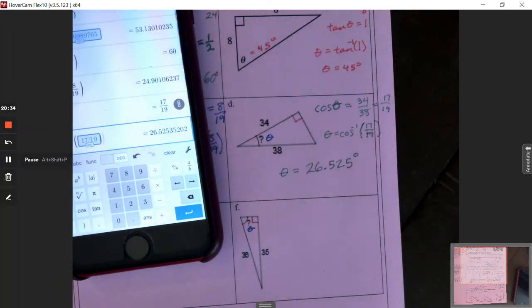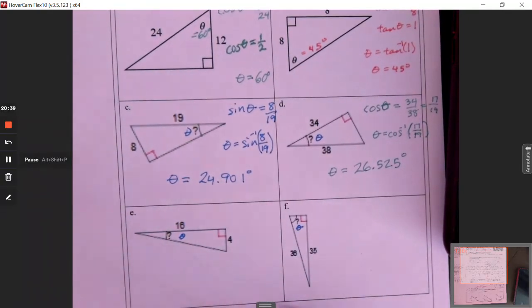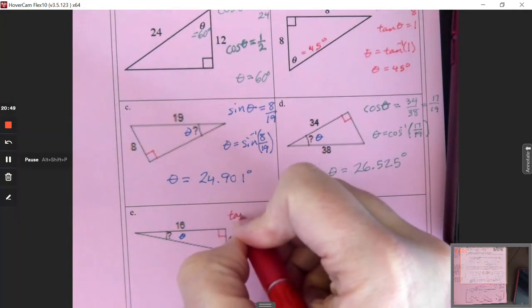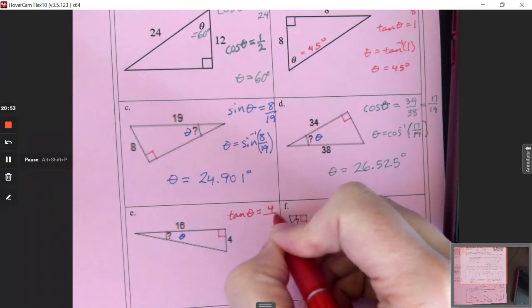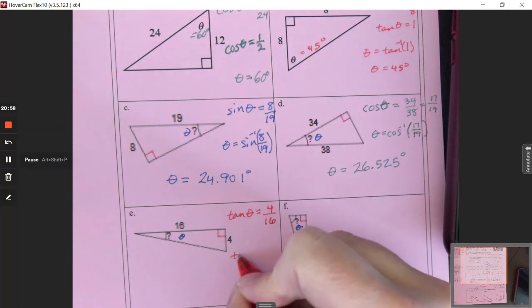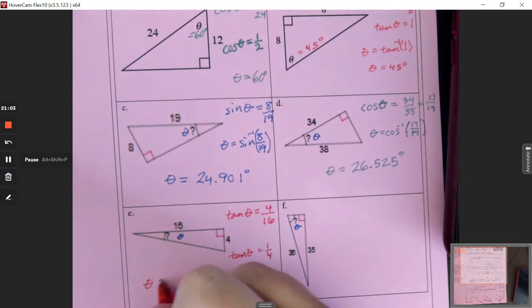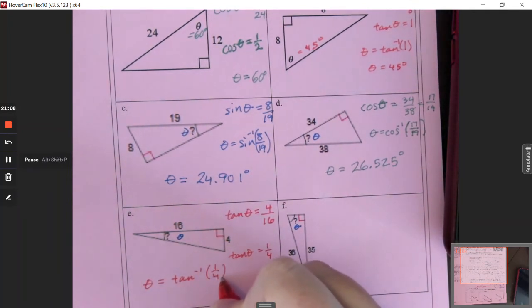So theta is equal to tangent inverse of 1/4. Calculator. 14.036.